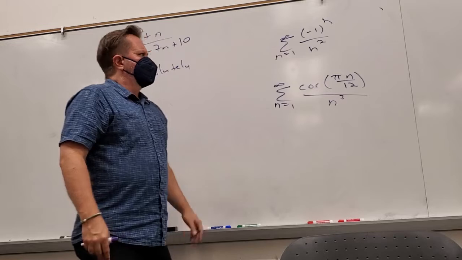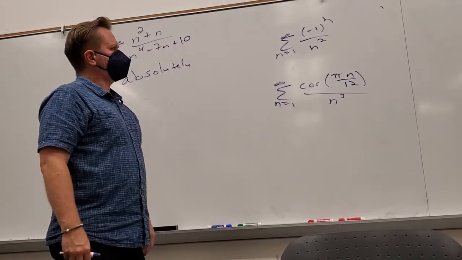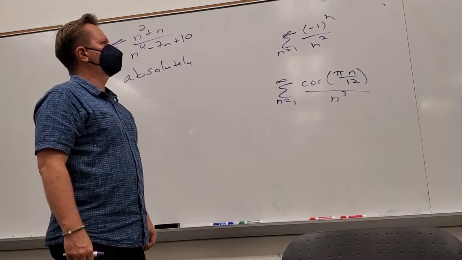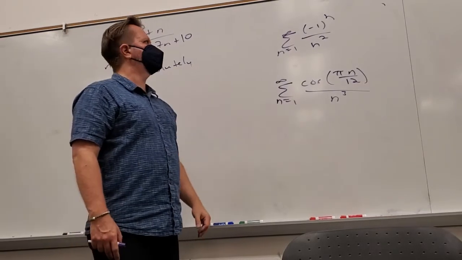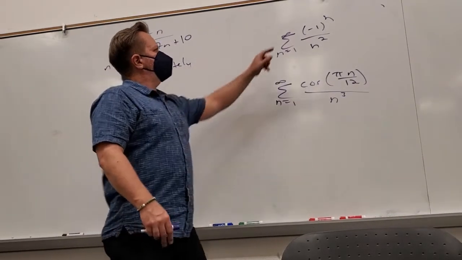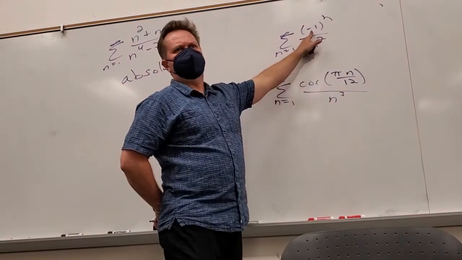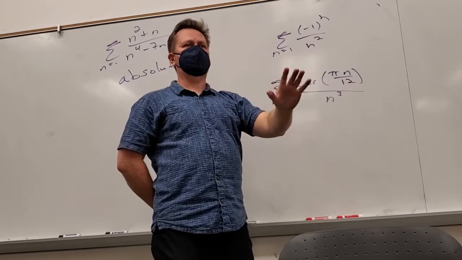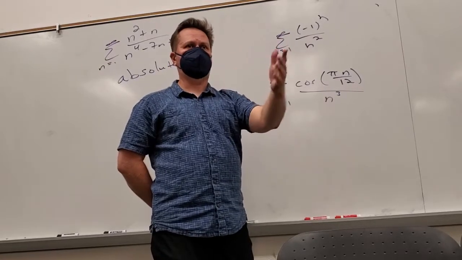For the top one, is it possible that you can do limit comparison on that, and just take the positive part, like the 1 over n squared? Why would you? If you leave this in, you do alternating series. If you do the absolute value, it's a P series. Now, could you ignore that it's a P series and do direct comparison or limit comparison? Of course.